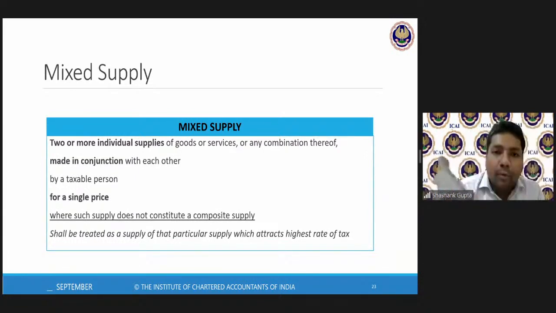Do you remember something? With this bottle, a Rolls-Royce car was being given. Rolls-Royce car cost 7 crores. This bottle costs 1,000 rupees. The gentleman was trying to artificially create a bundle, trying to tax the entire transaction at 12%.